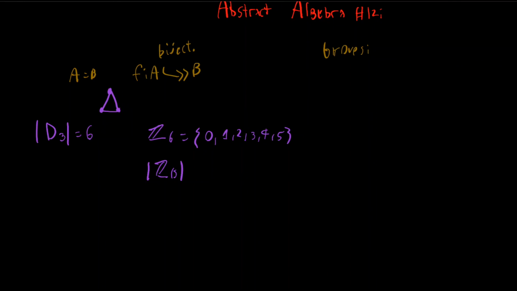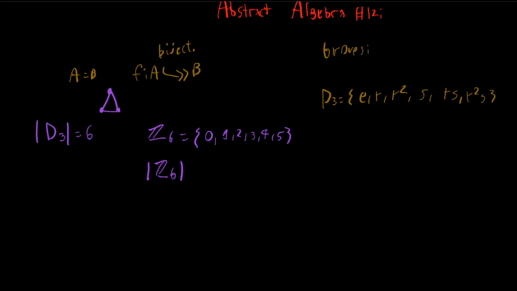But you can actually understand it a little bit yourself. I'm going to show that the way in which we combine elements with their operations are radically different. As sets, let's call D3 basically, and let's just say that it is equal to {e, r, r squared, s, rs, r squared s}.